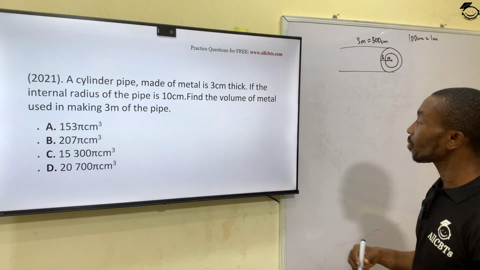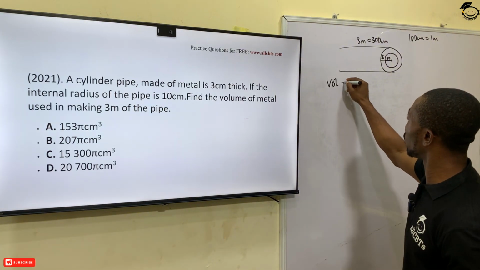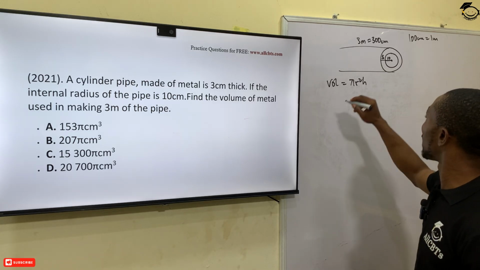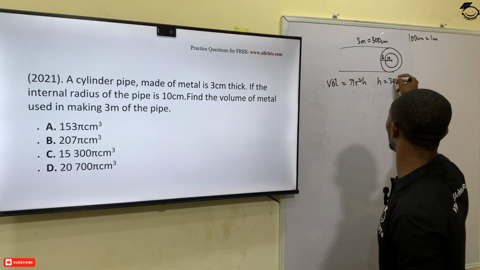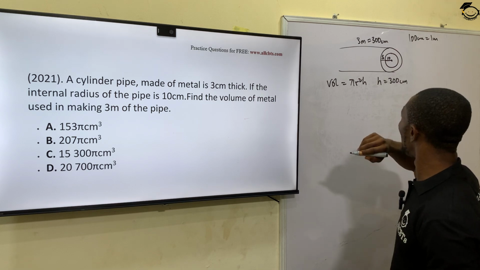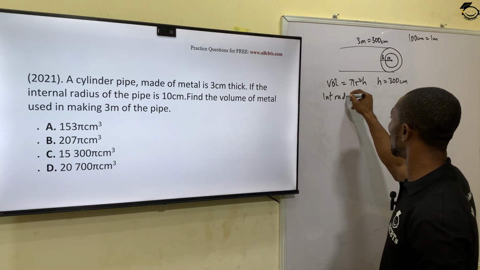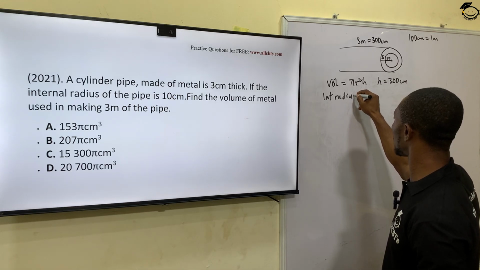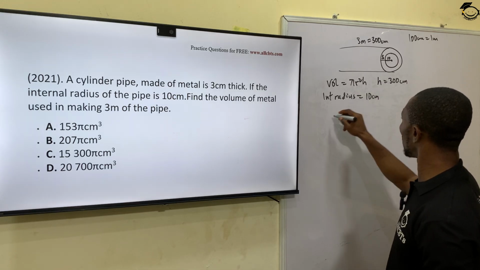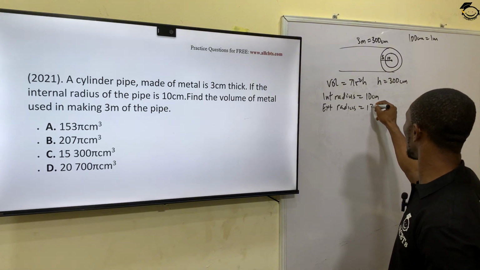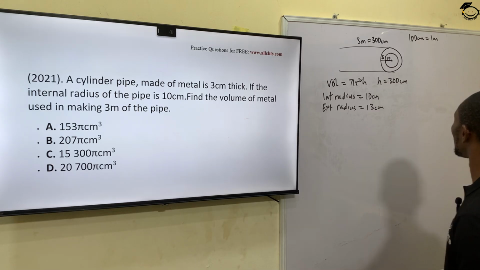So for us to find the volume, we know that volume equals pi r squared h. Now, h is 300 centimeters. We have the internal radius to be 10 centimeters, and the external radius to be 13 centimeters.